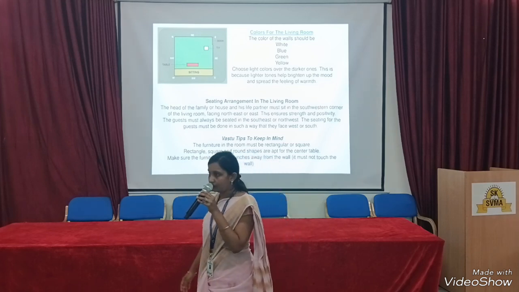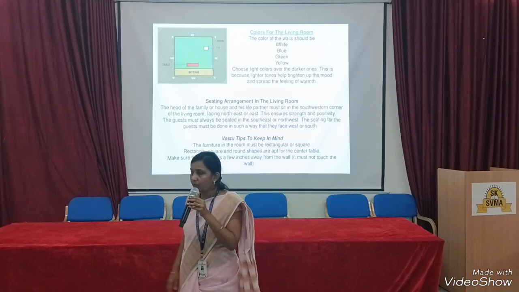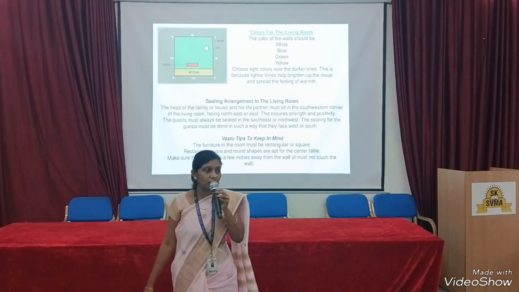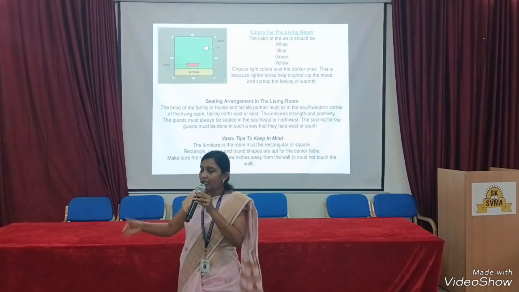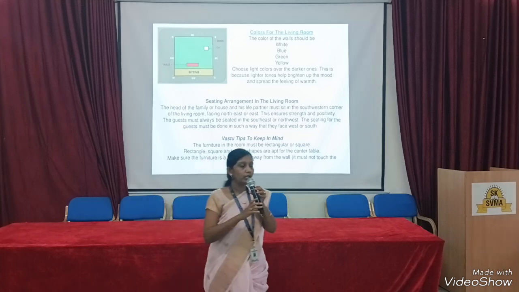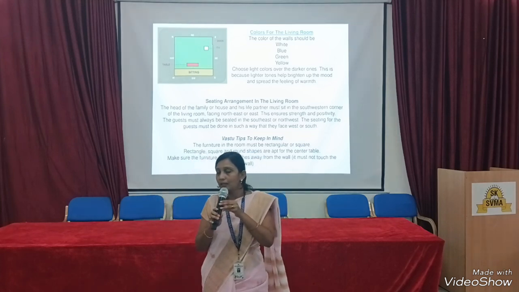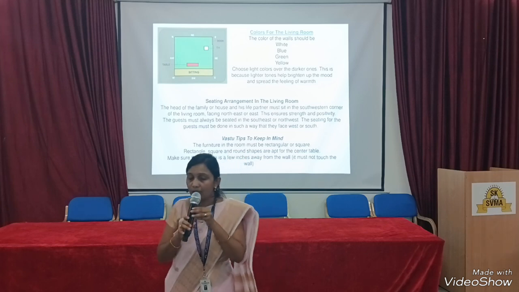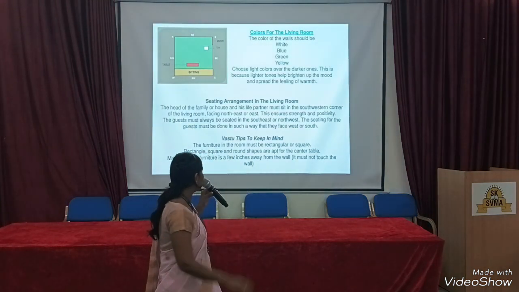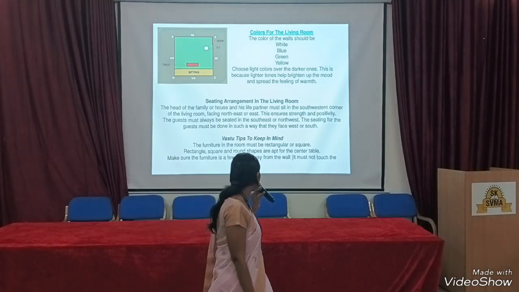In many cases, normally the guest sits in the opposite direction. If they carry negative energy, then we remove it by adopting the sitting according to Vastu. Okay, so this is one thing regarding the sitting arrangement.